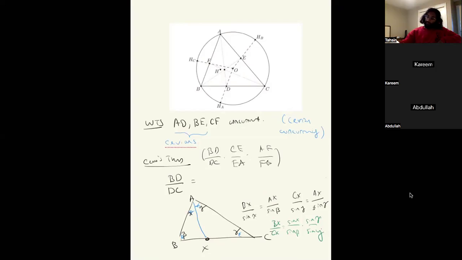If you do A, B, C, it's too hard, but you can use some other point other than A. Can we use O?